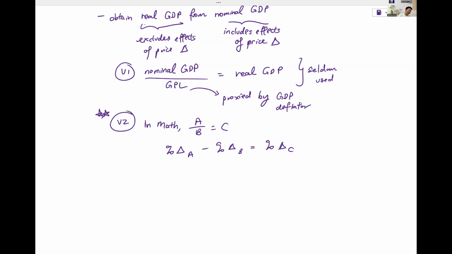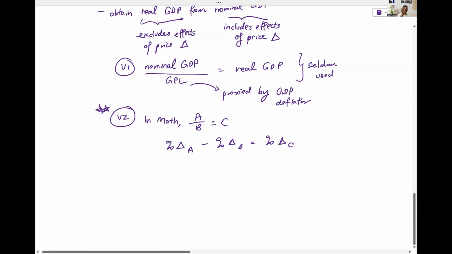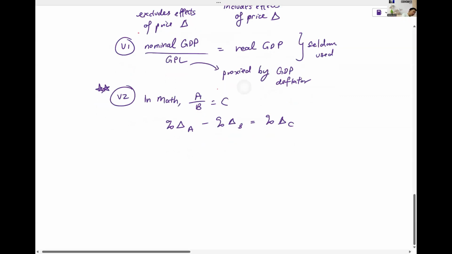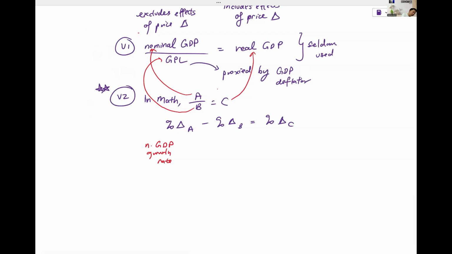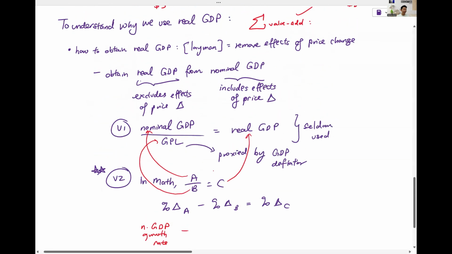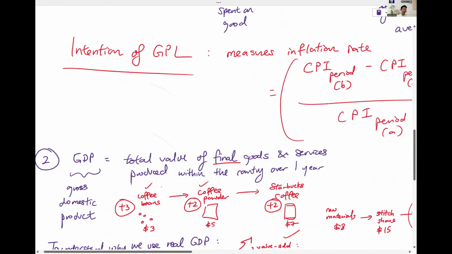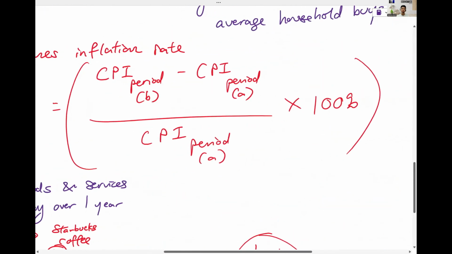That also means that A times B equals C: percentage change in A plus percentage change in B gives you percentage change in C. So that means this is your A, this is your B, this is your C. That means nominal GDP growth rate minus the percentage change in GPL, also known as your inflation rate, right?